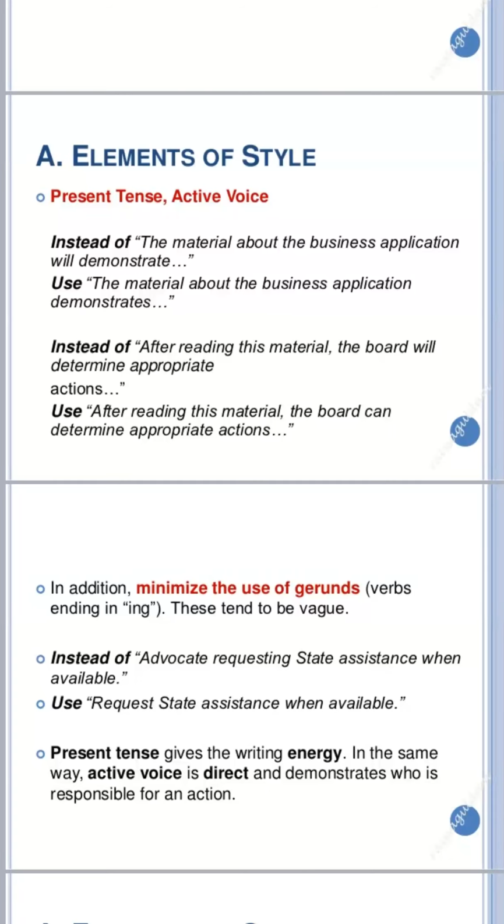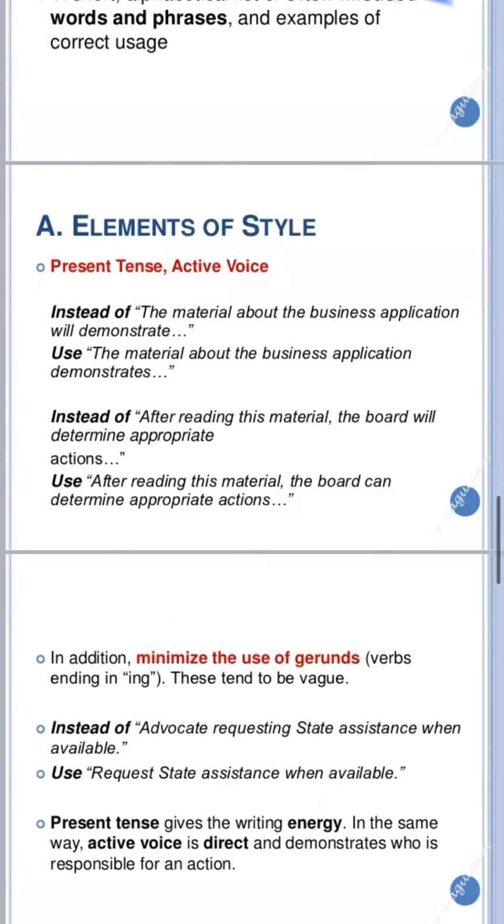So we have to keep focus on tenses and the correct form of language. That is the present tense, and along with present tense we go for the active voice. I have given the following examples on the slide, and if you can see them, they will show you how to do it.